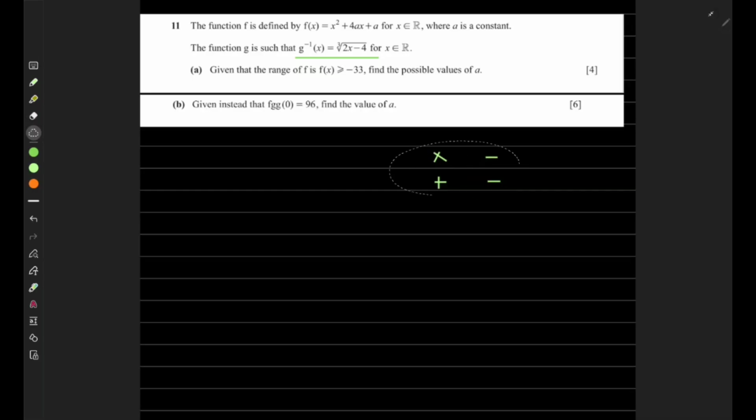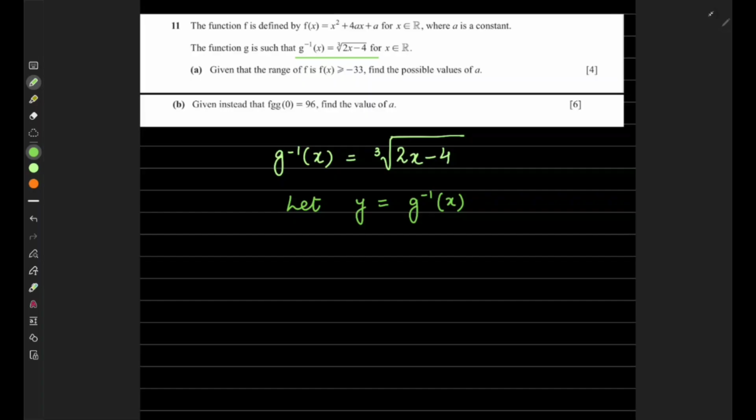So now let's do this. We are being given that g inverse of x is equal to cube root of 2x minus 4. Now, let y be equal to g inverse of x, and it will become y equals cube root of 2x minus 4.